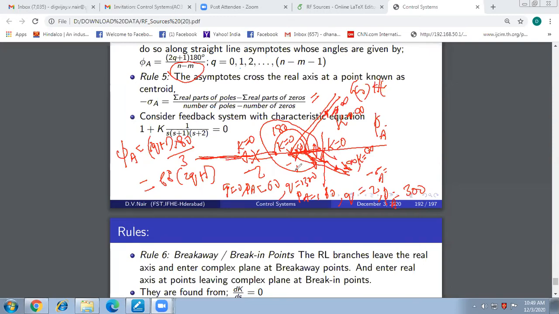These branches that move to infinity do so along the asymptotes, right? Each asymptote guides how the root locus branch will further move as k increases more and more. That is what rule number 5 was all about. Now let us move to rule number 6.